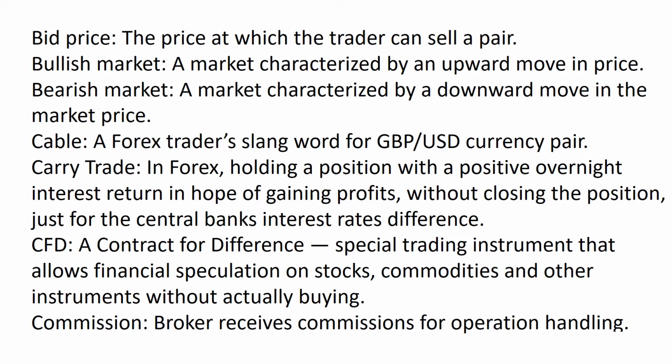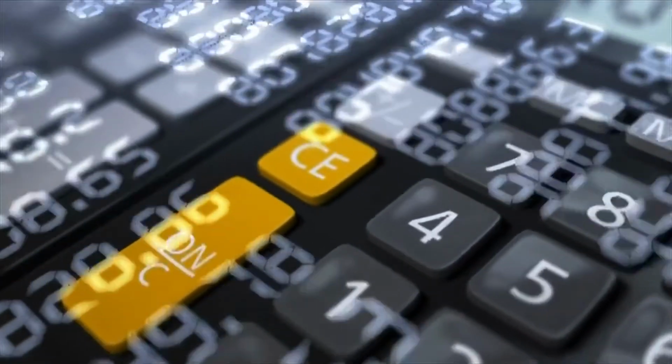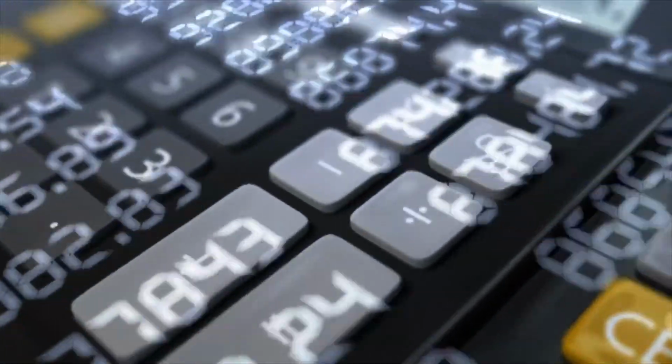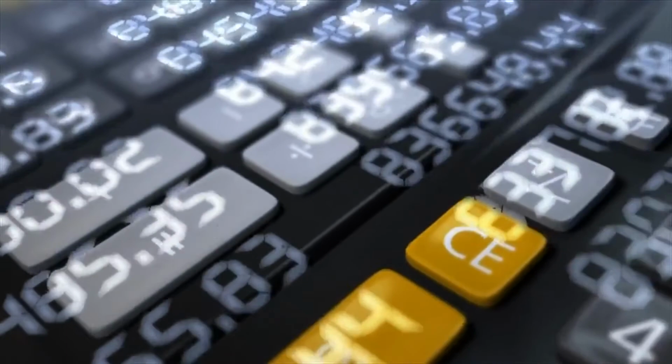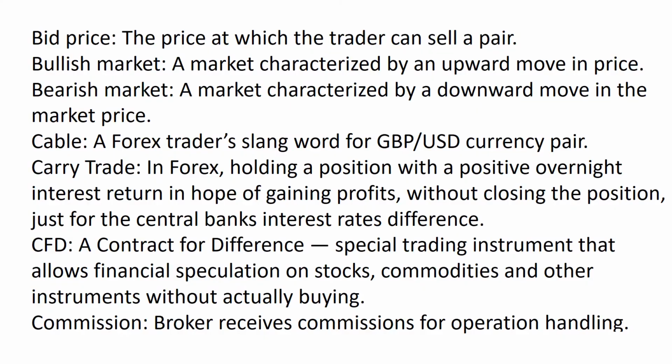Bullish market, a market characterized by an upward move in price. Bearish market, a market characterized by a downward move in the market price. Cable, a forex trader slang word for the GBP/USD currency pair.